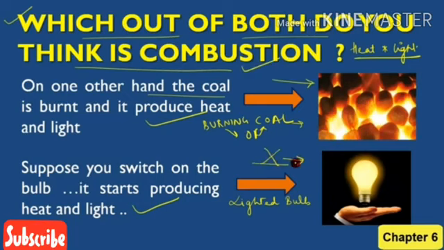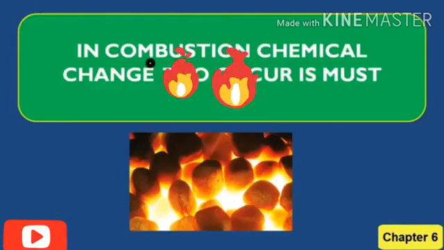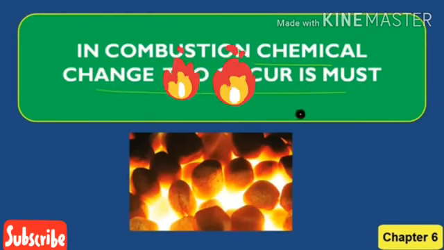Very good. Some of the students have started answering the question. Actually, lighting a bulb or switching on an electric bulb is not a process of combustion, because here no new substance is getting formed. In combustion, chemical change must occur.